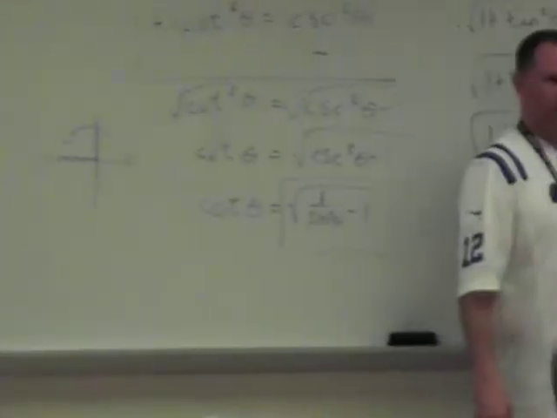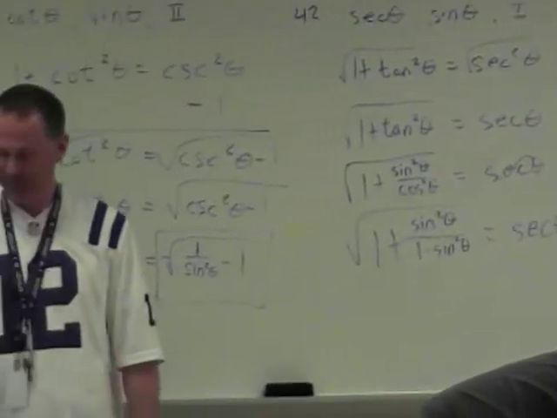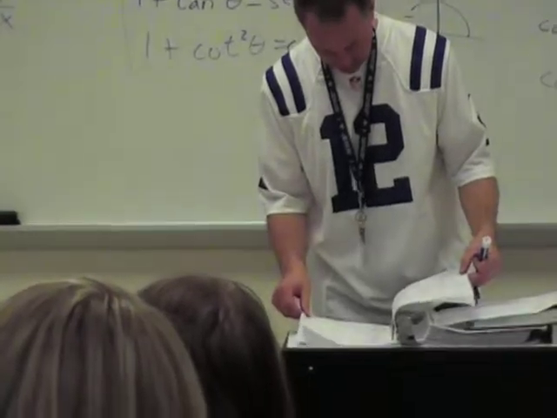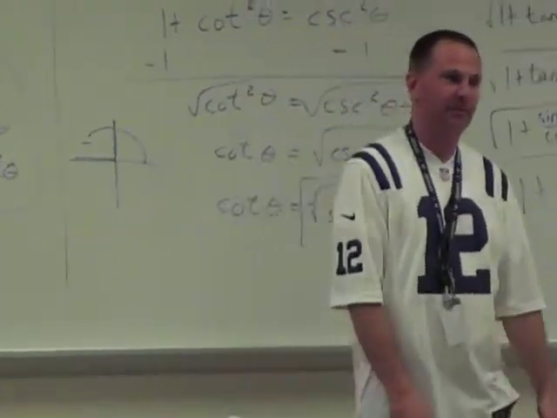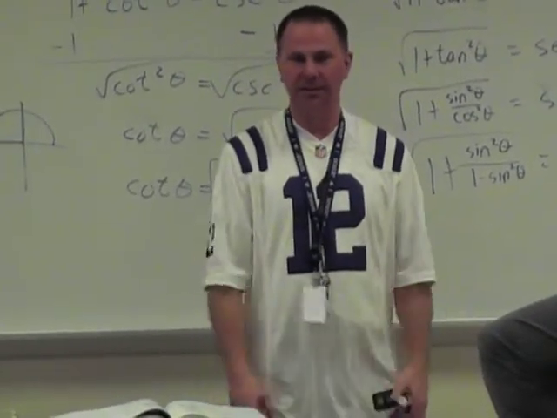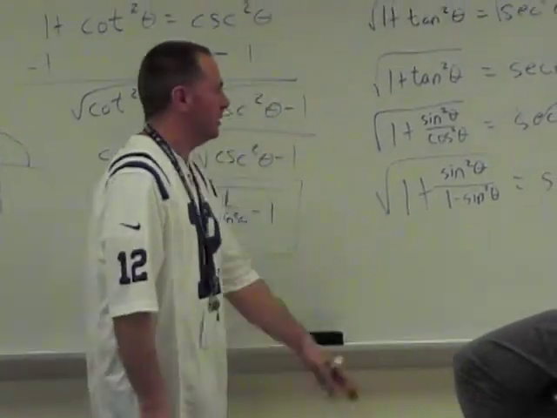I did this one. I did it twice, so I wonder if I did it the same way. Yep, I did it the same way. Thinking a couple steps ahead might help, but it doesn't necessarily mean you're going to get the exact same thing each time. Okay? This is really ugly.